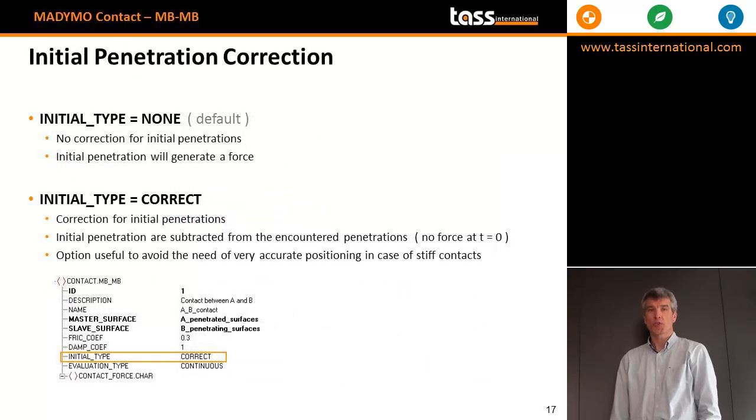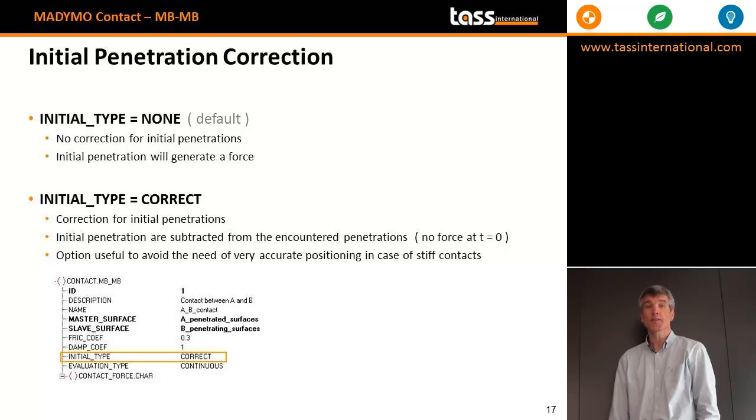Initial penetrations. It might be that you have positioned your dummy in such a way that the contact forces are too high, and for that reason it is not standing in equilibrium. Well, obviously, you need to check whether your model is such as it should be, because it might be that you have positioned the plane or the dummy at the wrong side. But if, for example, the contact characteristics are very stiff, it might be a very sensitive way to get equilibrium.